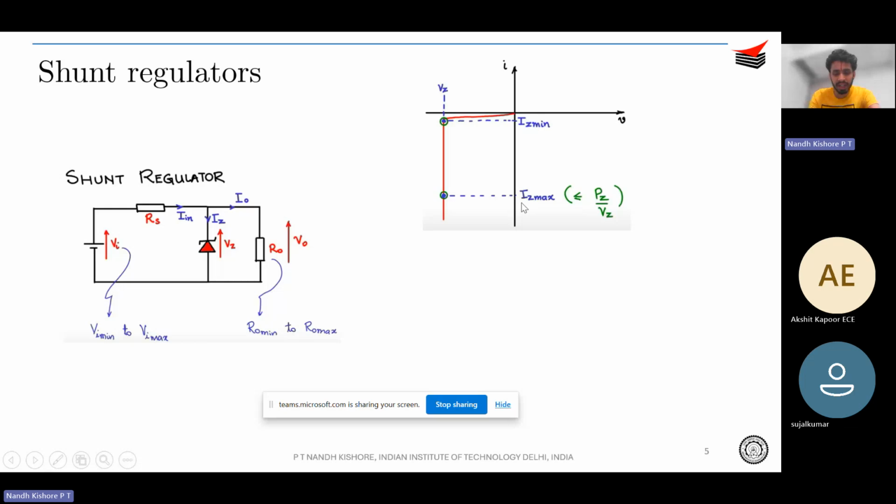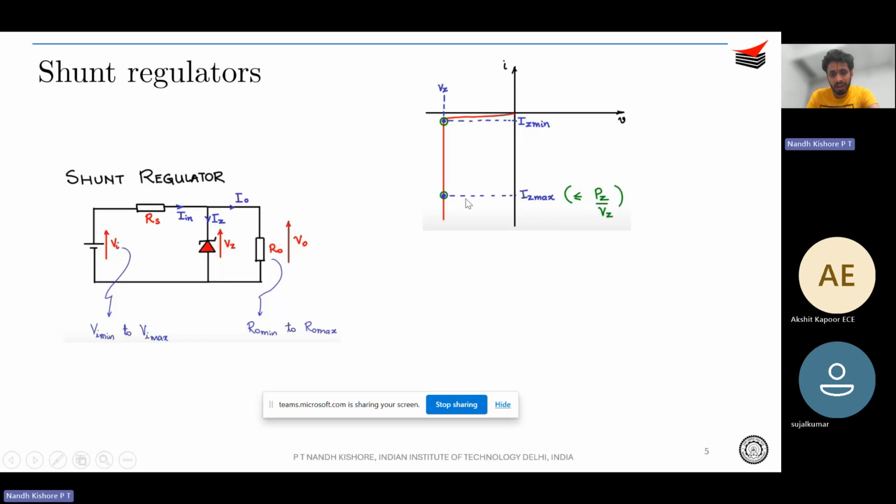If you go to the typical data sheet of any Zener diode, they would give the power rating, that is the power dissipation. Therefore, you cannot expect a Zener diode to maintain a fixed VZ for very high values of current. The power level would get exceeded and the Zener diode would blow. So this is the bottleneck, or the design criterion for the Zener diode.